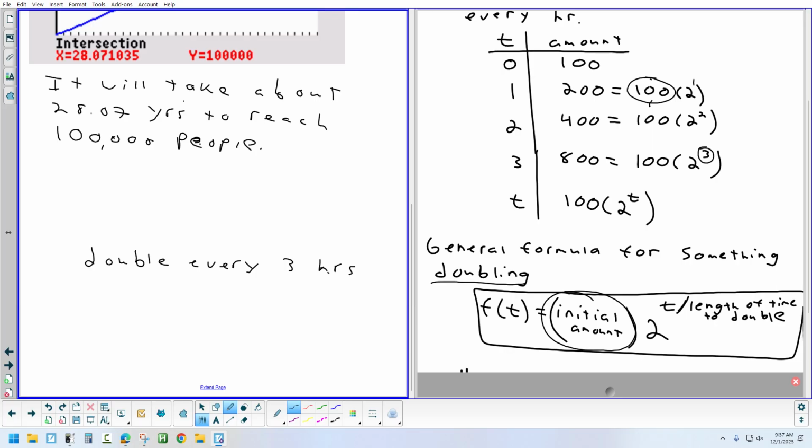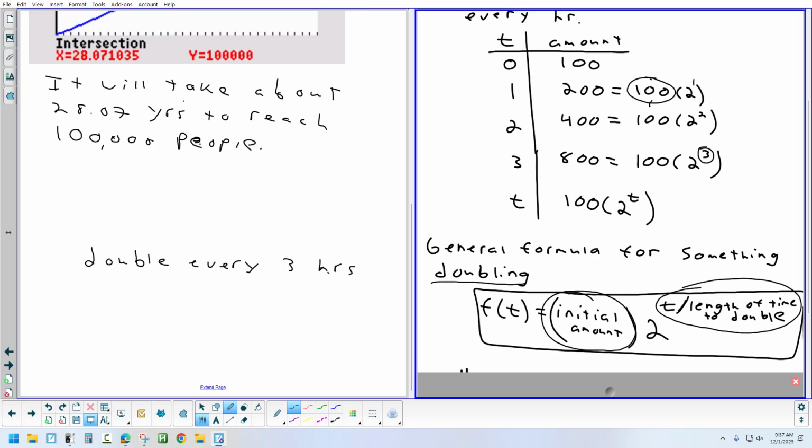And that's what this exponent has to be. It's the number of times it's doubled. So if 6 hours have gone by and it doubles every 3, 6 divided by 3, that's how you get twice. If the length of time to double is a 1, then you don't have to worry about it, because then they would be the same.